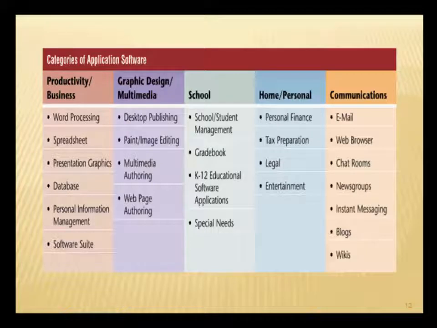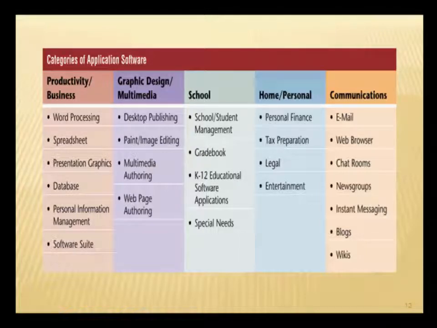Your school software would be a school student management system. That's where you take care of your attendance, reporting, or adding things for like IEPs, gradebook software, software applications that encourage learning, and then your special needs and adaptive software would also be considered school application software.